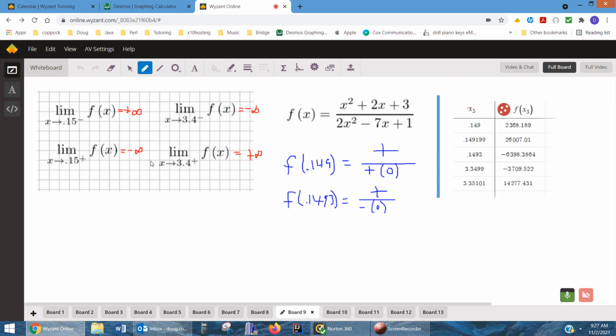You can do that by substituting values close to the vertical asymptote and seeing whether you get very large numbers in absolute value, positive or negative, for positive infinity and negative infinity. And usually you can tell just by the way the graph looks. You don't have to necessarily do this.